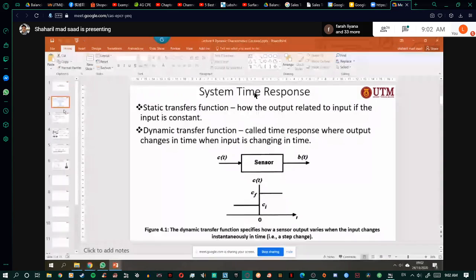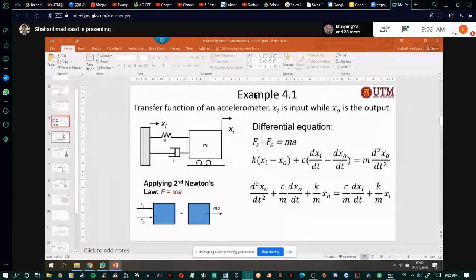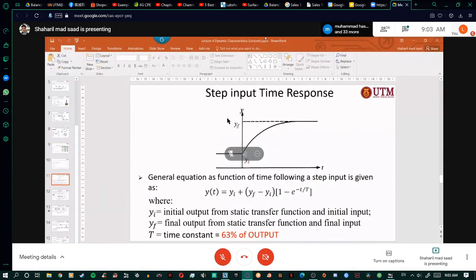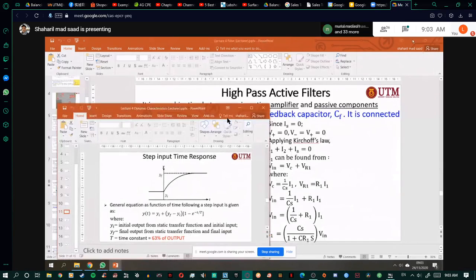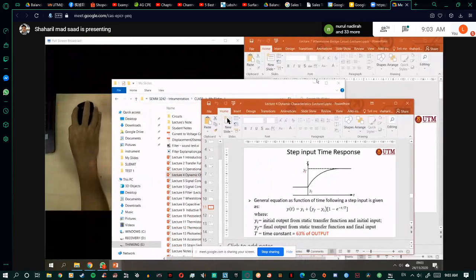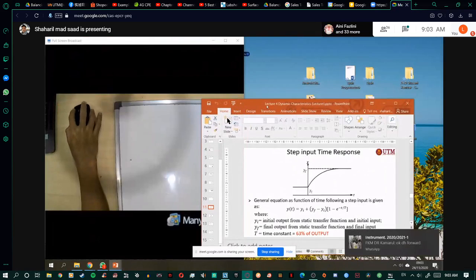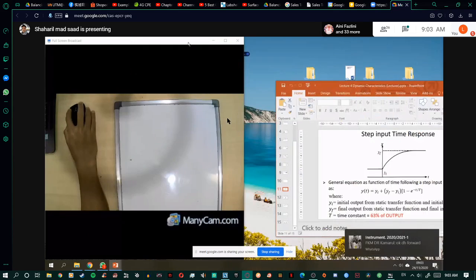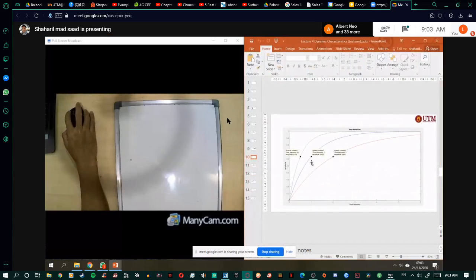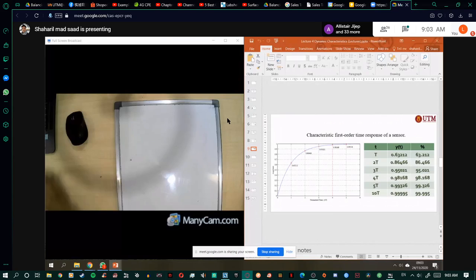For chapter 4, the basic thing that you need to concentrate on is the first order system. That is the normal question that will be asked, so please look at the first order system. In this case, you need to be able to draw.